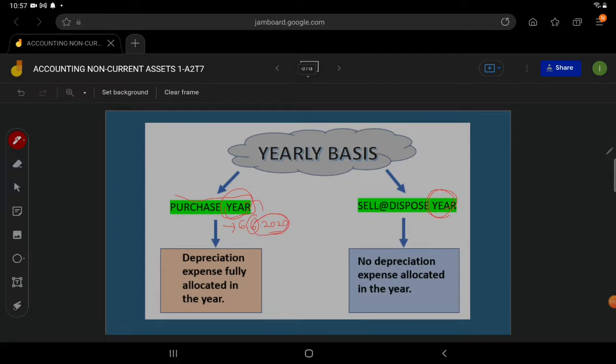Bila beli tahun 2020, that's mean 2020 the depreciation expense fully allocated in the year. Walaupun kita beli aset tu pada 31st December 2020 pun dikira full depreciation expense dia for the year 2020. Alright.